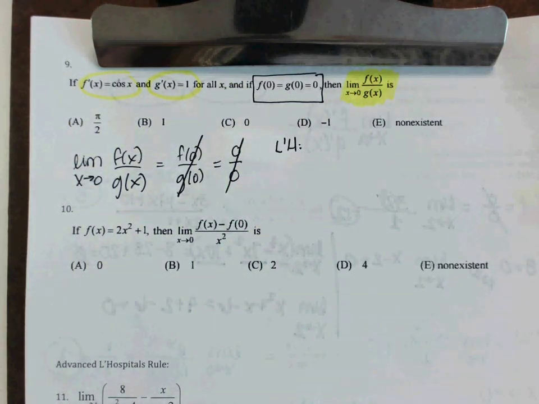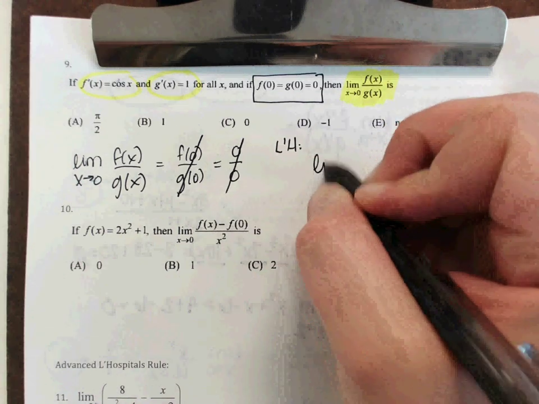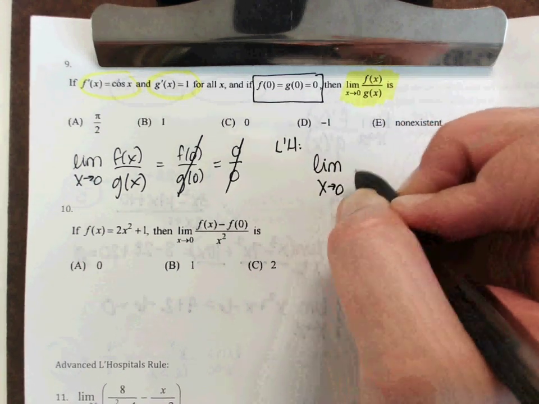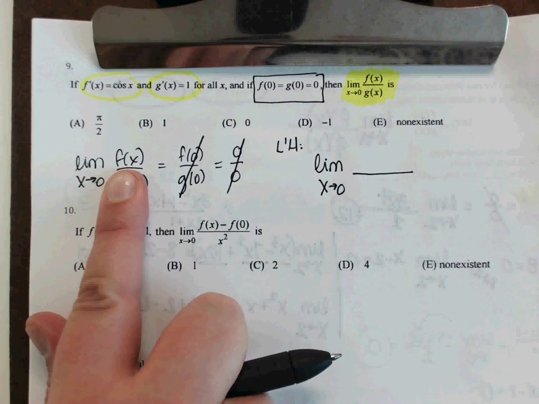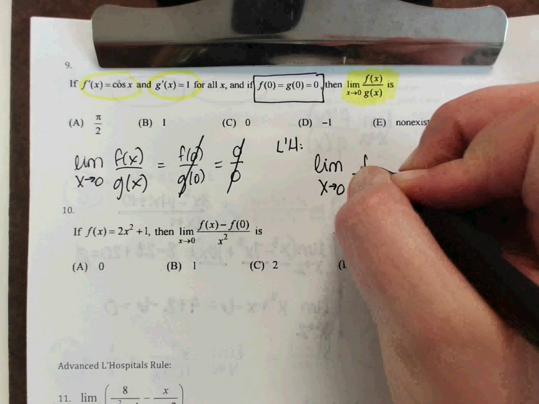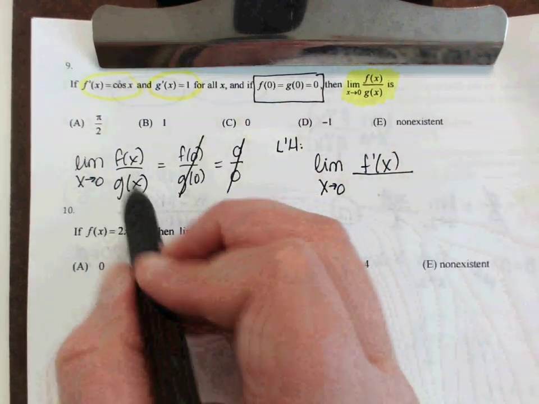That's L apostrophe H. Then you would separate it. If it's free response, you have to show the limit separate. I'm not going to because this is multiple choice, but if it was free response, yes. So limit as x approaches 0. What is the derivative of f on the top called? F prime. What's the derivative of g of x on the bottom called?